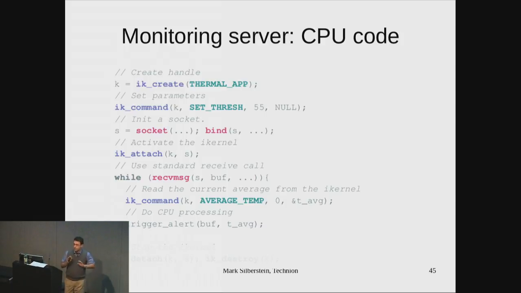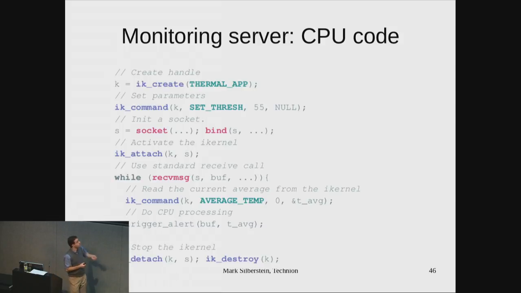But with the catch that the only messages it is going to receive are those that are passed by the ikernel, and many others are handled by the ikernel itself. Therefore, we know for sure that the message arriving over here is the one that needs to trigger the alert, because all the normal messages are handled by the ikernel.